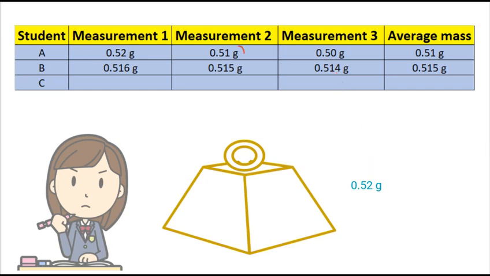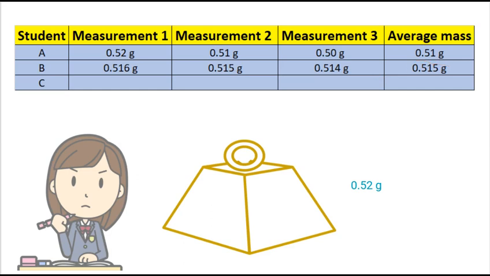But if you compare the measurement of your student A and your student B, look in this case. Student A measured and he told how much? 0.51. But when student B measured, how much did she get? 0.515. So let's consider the average value.